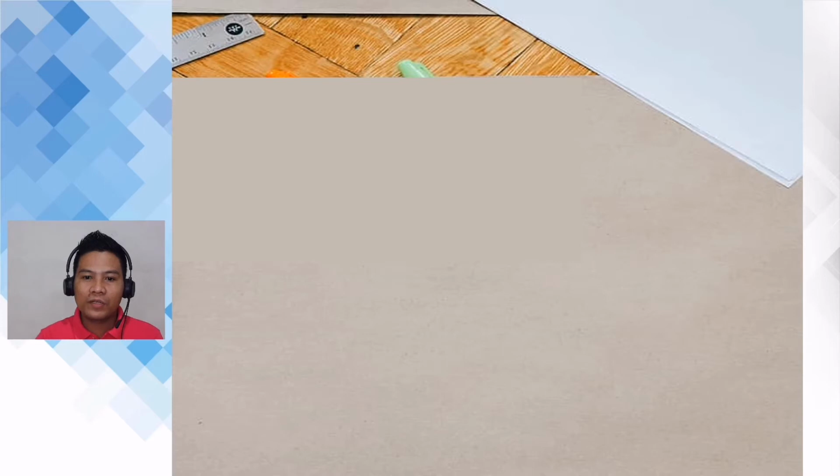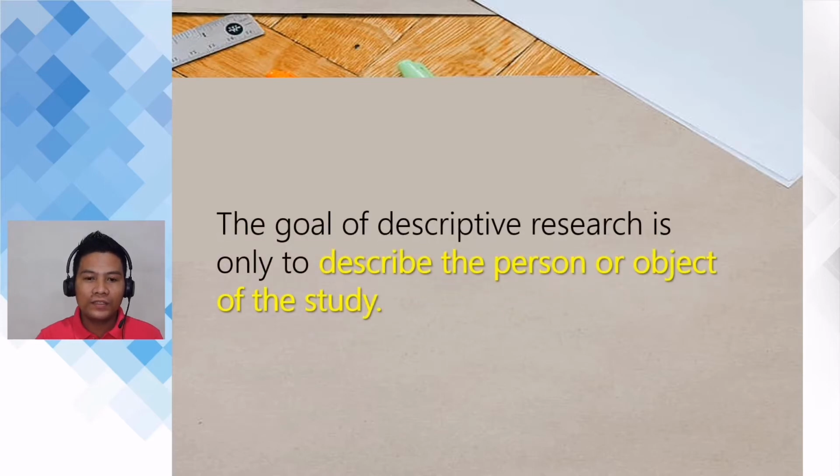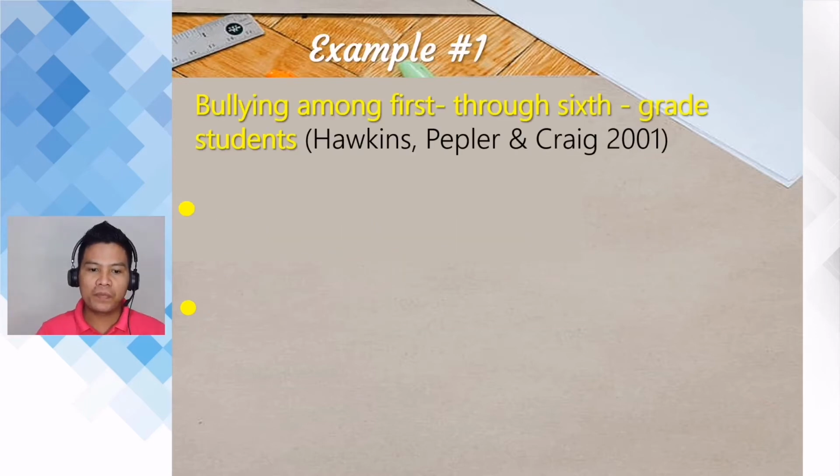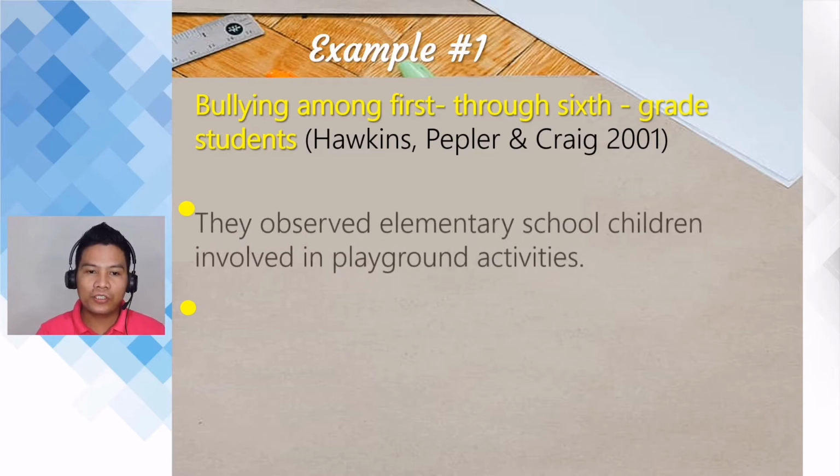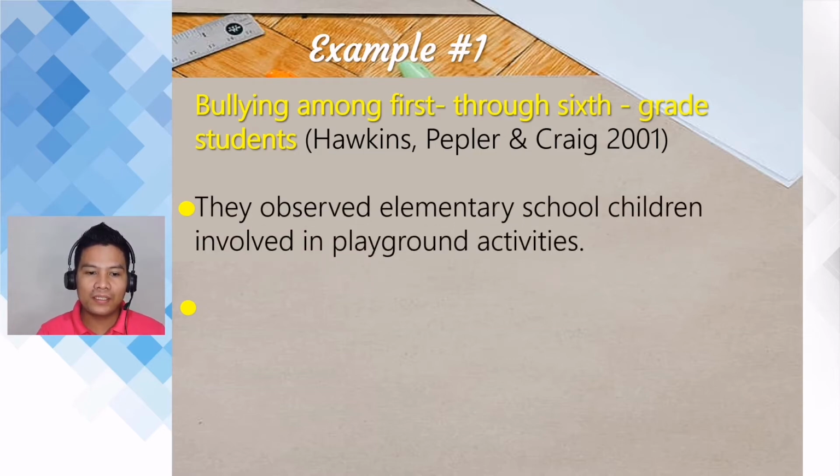The goal of descriptive research is only to describe the person or object of the study. Hawkins, Pepler, and Craig, 2001, studied bullying among first through sixth grade students. To do this, they observed elementary school children involved in playground activities.